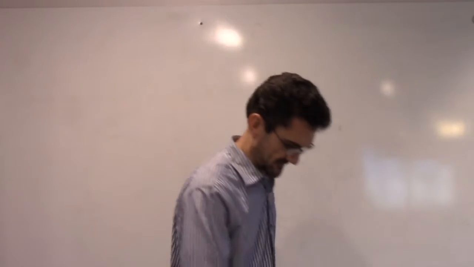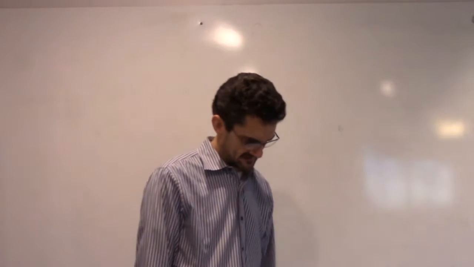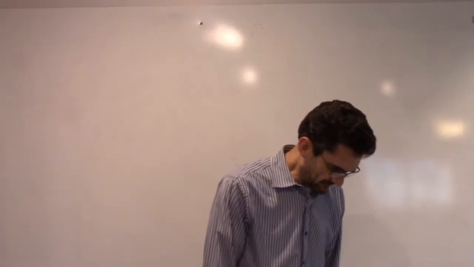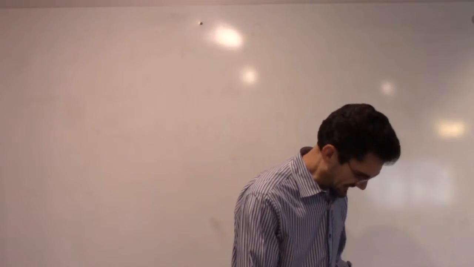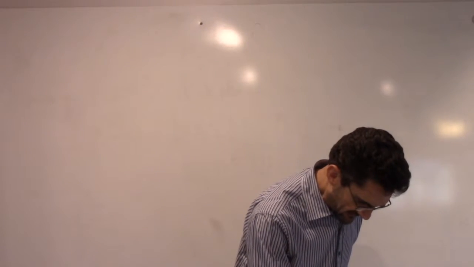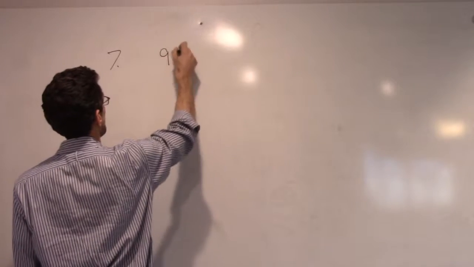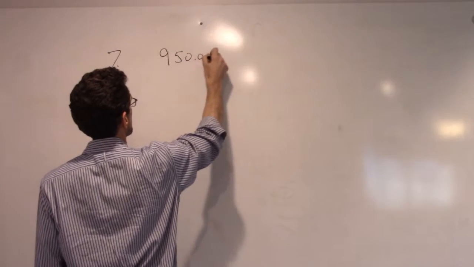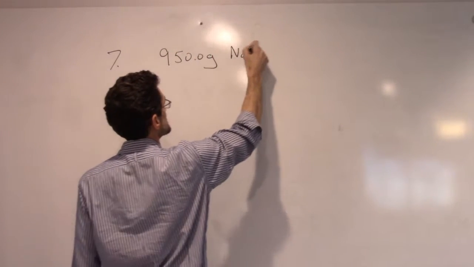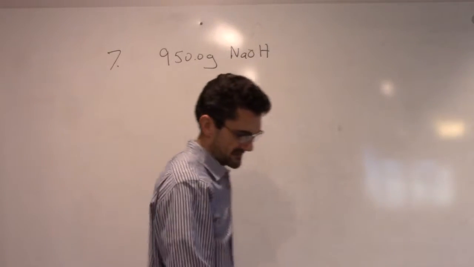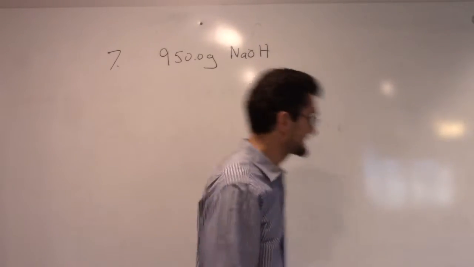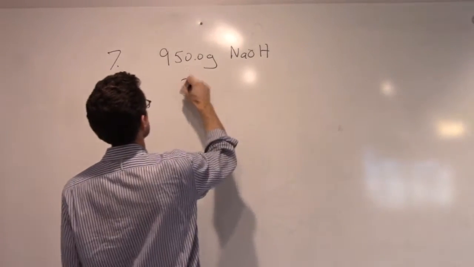I'm going to try to bring my book over here so I can get in front of the camera while I'm reading it. So he originally used 950 grams of NaOH to make a stock solution, and that stock solution was 2 liters.